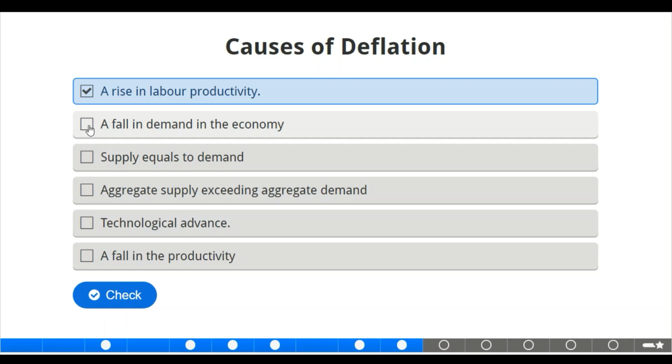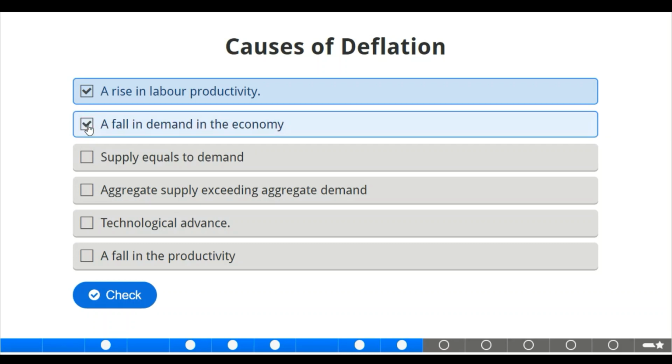Of course, a fall in demand can also lead to deflation, because during a recession, a fall in demand causes the general price level to fall, and we automatically result in deflation.